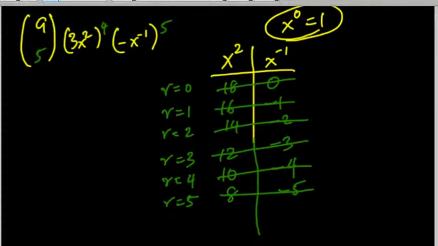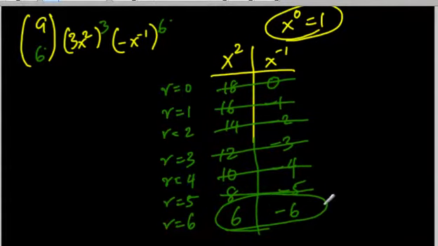And finally, let's try r equals 6, and hopefully this is the one that will work out. If r equals 6, that's 6, and that's equal to 3. So 2 times 3 is 6, and negative 1 times 6 is negative 6, and if you add these two up, you end up with 0. Which is exactly what we want, right?